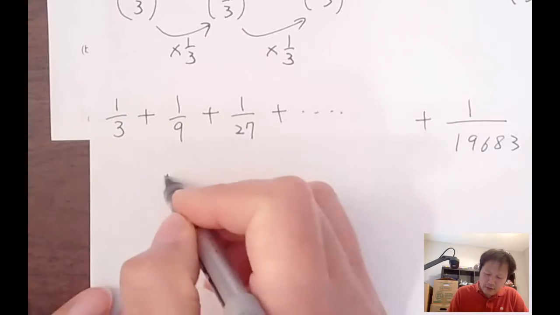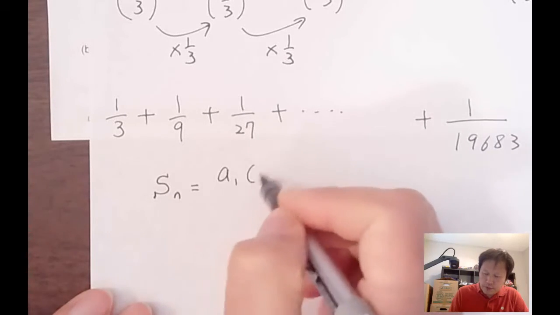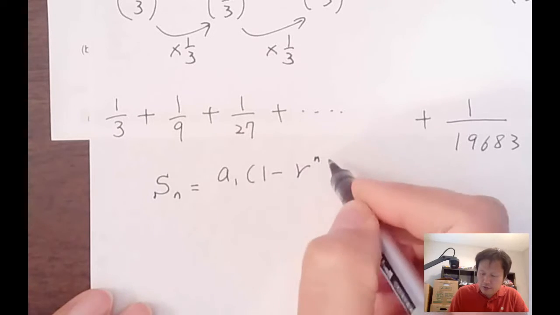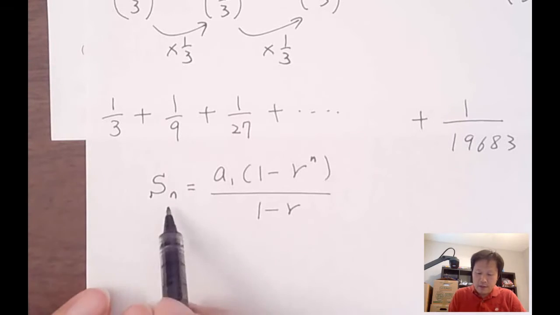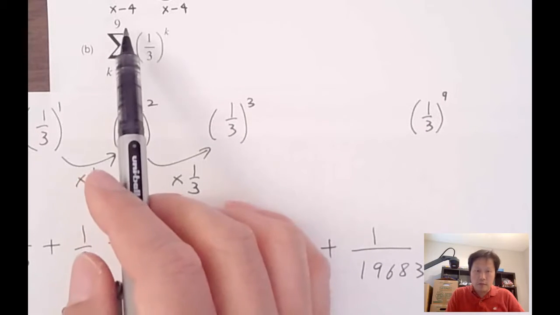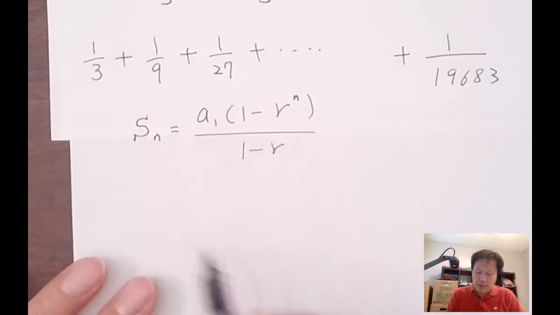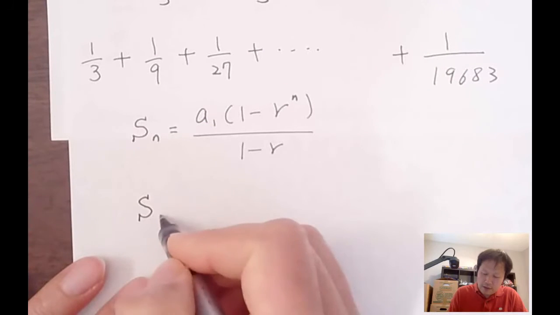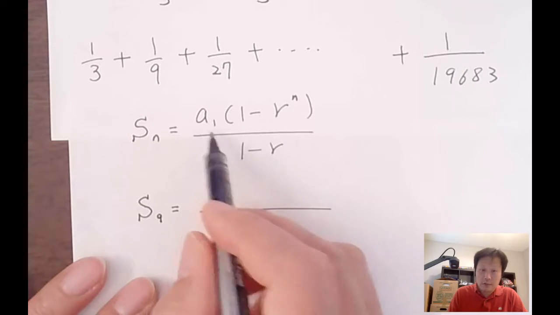S sub n equals a sub 1 times parenthesis 1 minus r to the n power, all over 1 minus r. n is the last term, and they gave it to you. We add all the way up to the 9th term, which means n equals 9. a sub 1 is the first term.